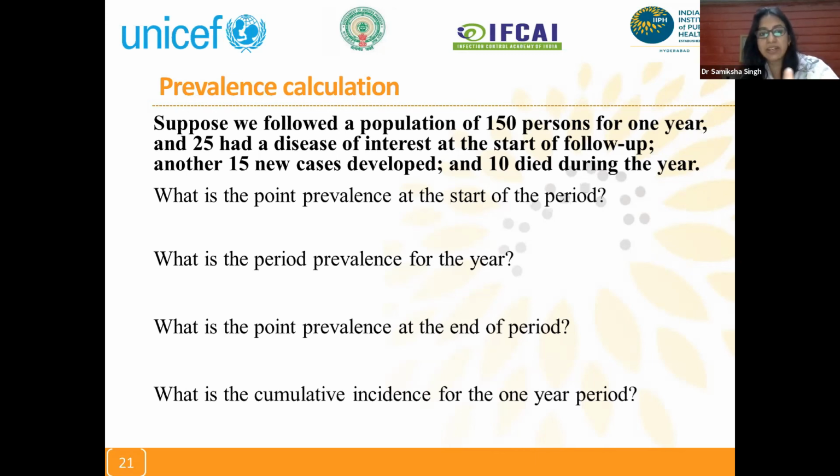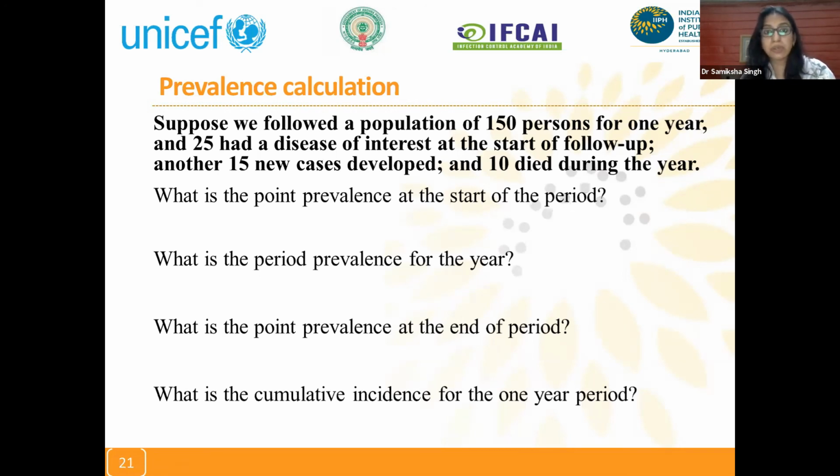At the start of 1 year, how many cases did we have? 25. So prevalence is numerator 25 divided by your total population, which is 150, into 100. Simple. On that first day of the year, you had 25 cases that will be used in my calculation for point prevalence.